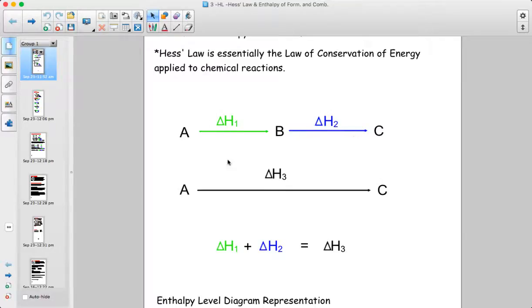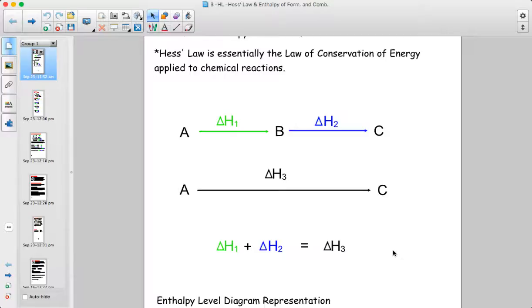Now, you can also do the same net reaction by converting A directly into C, which will have a different enthalpy change. But they should all be related. The total change to get from A to C should be set in stone as this delta H3. And so these two smaller enthalpy changes should add together to equal that third enthalpy change.